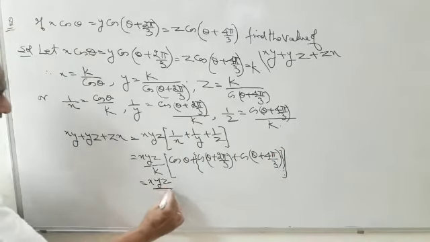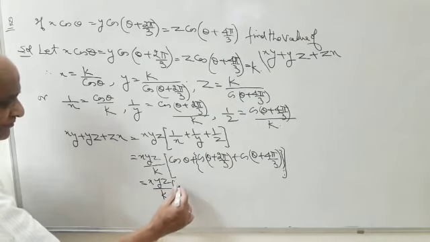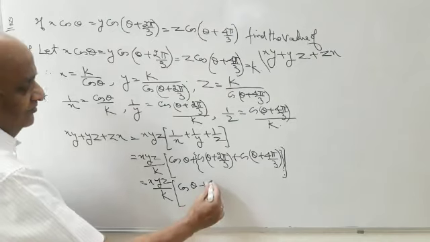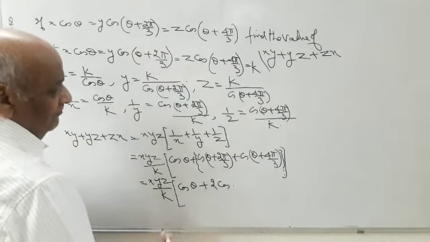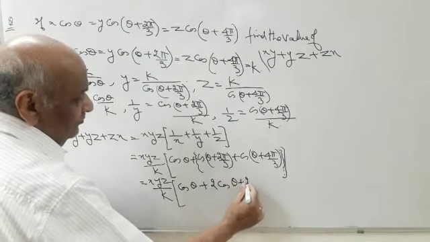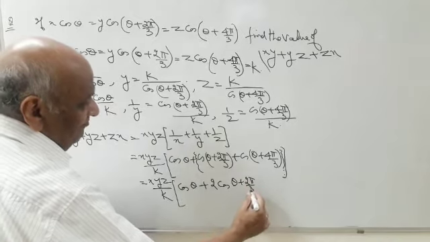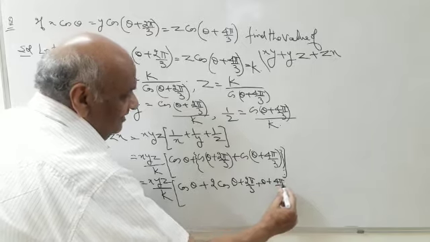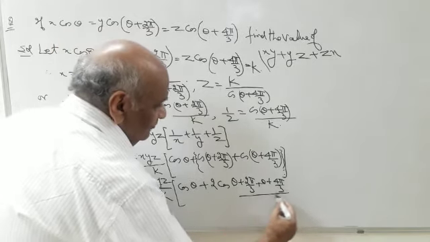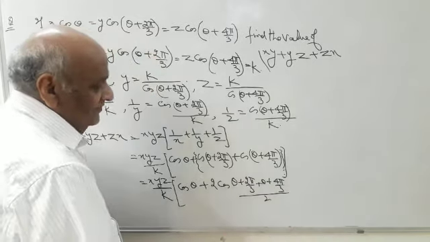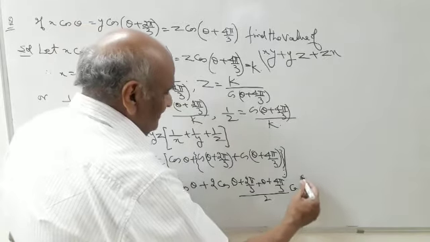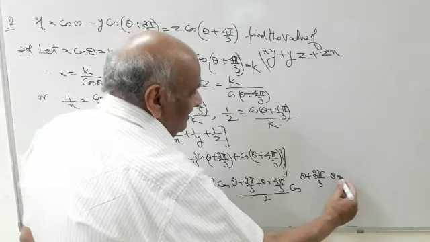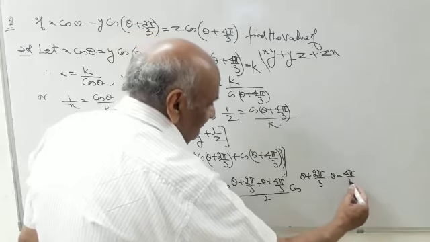xyz upon k into cos theta plus, it is now 2 cos, look, theta plus 2 pi by 3 plus theta plus 4 pi by 3 upon 2. CD formula. Cos theta plus 2 pi by 3 minus theta minus 4 pi by 3 upon 2.